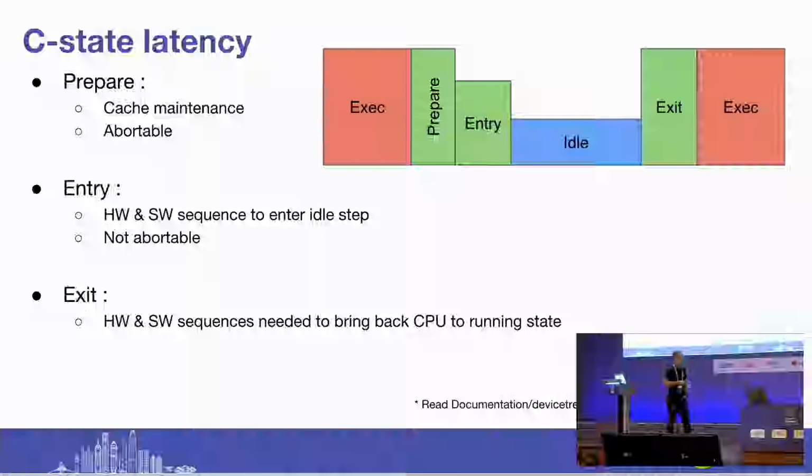We then have the entry step, which is made of both hardware and software sequences, where we configure and tune the PMIC, your PLL, or whatever needs to be shut down or prepared to shut down. Normally this sequence is not abortable. After that, we enter the idle C-state that we have selected. And then we have the exit latency, which includes everything that needs to be done in hardware and software in order to bring the CPU back to the correct running state.